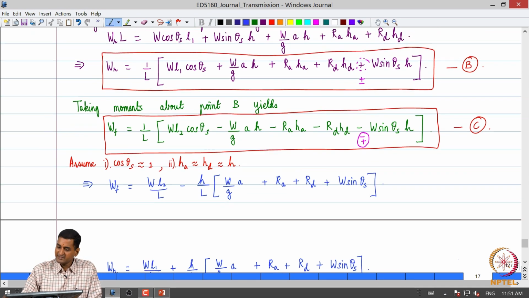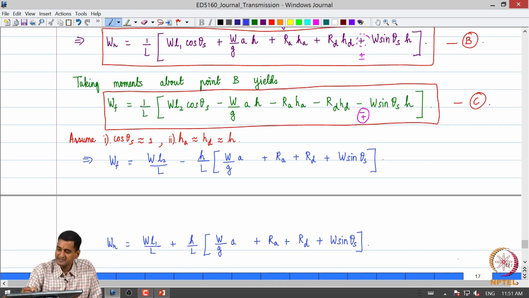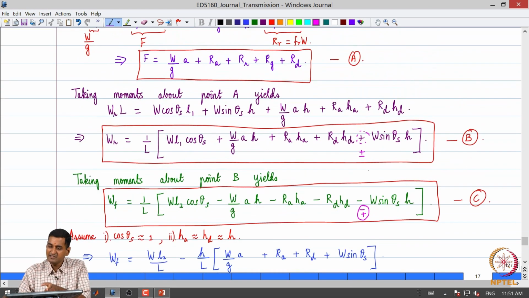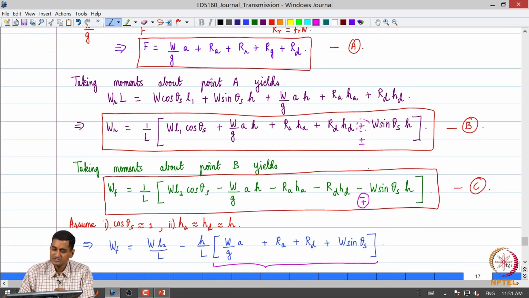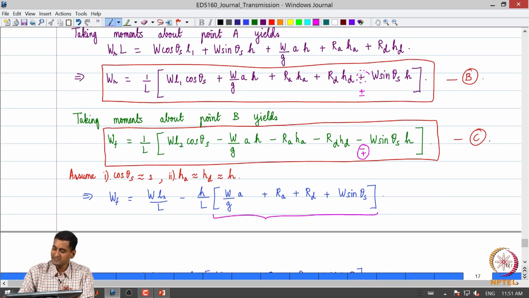Now, we can immediately see that the term within the square parenthesis in both these equations we get from equation A. If you go to equation A, W by g A plus RA plus RD plus the grade resistance Rg will be essentially equal to F minus RR.